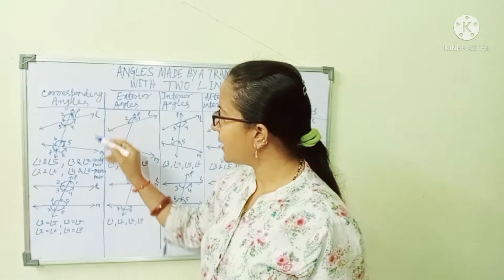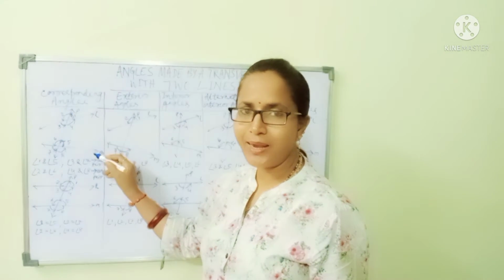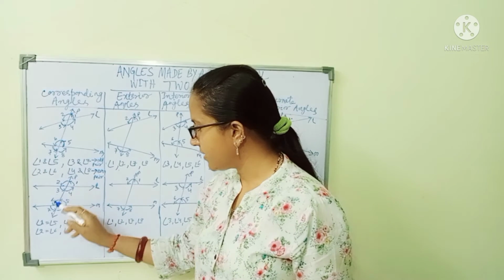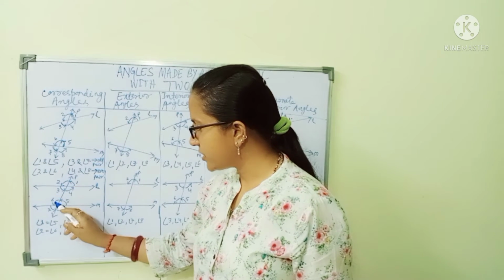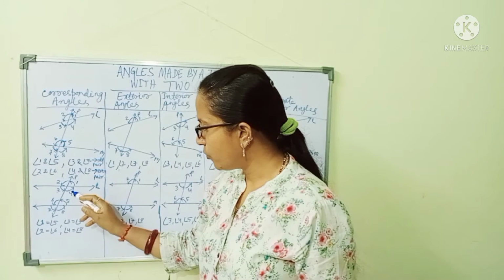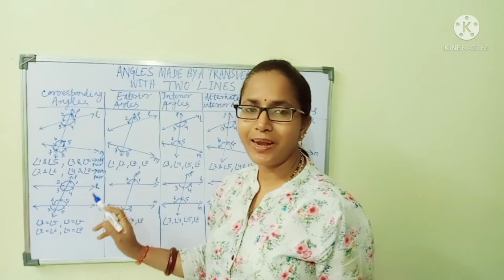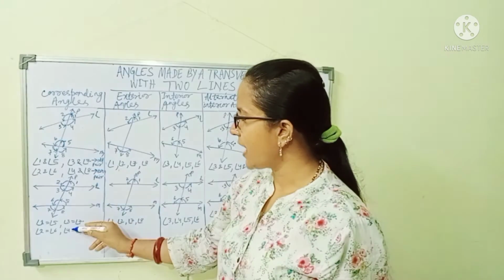But here L and M are non-parallel lines. The second and sixth angles are corresponding angles, and 4 and 8 are corresponding angles. They are equal for parallel lines. These are the corresponding angles.